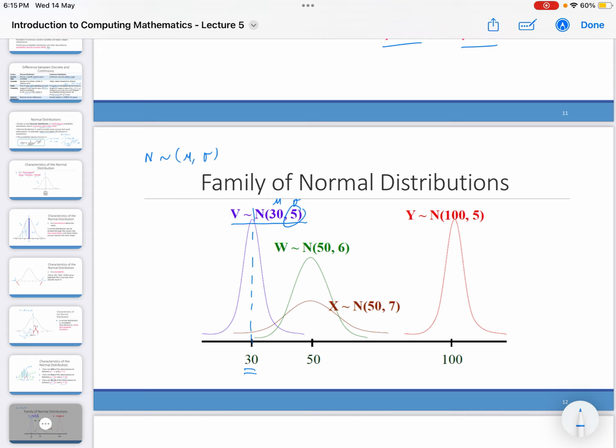The variation around the mean is 5, so it's quite thin here. Compared to the green one, the mean is 50, so we have 50 over here, and the standard deviation is 6. This will be bigger than 5, so the variation here is thicker than this one.